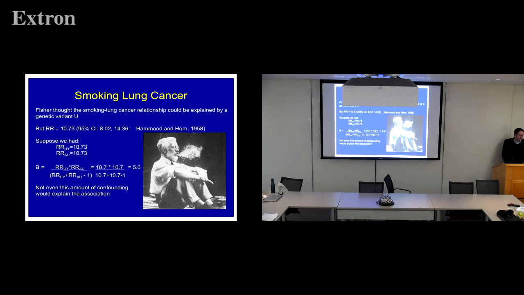Okay. So what would happen if we return to that cornfield example and maybe Fisher responds, actually, I think there is a genetic variant which increases smoking and lung cancer by tenfold each. I think that's real.